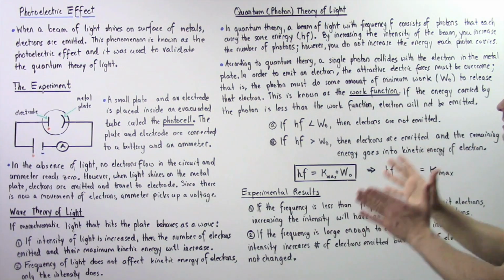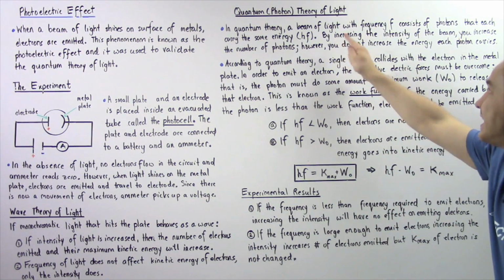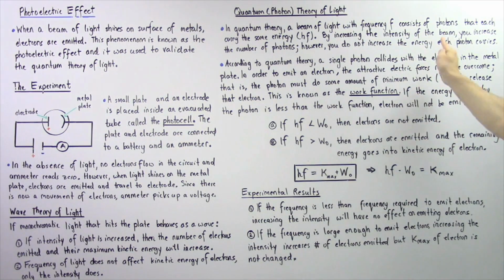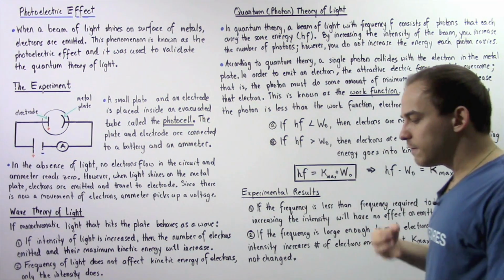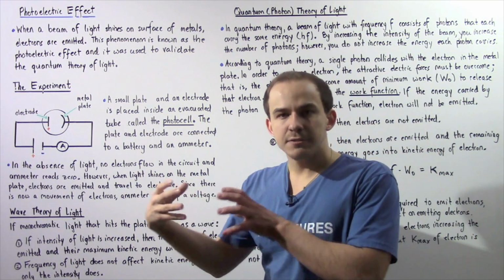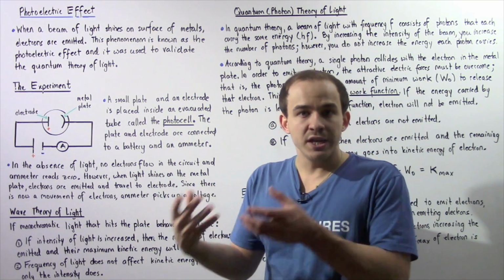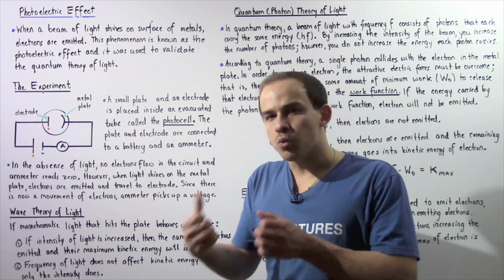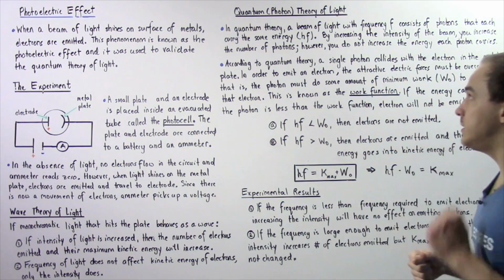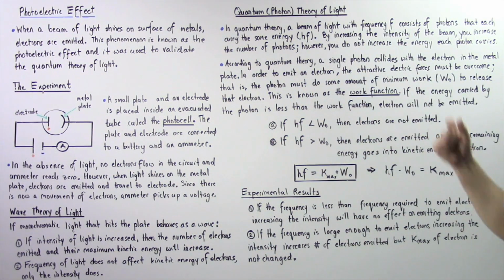Now, the quantum theory of light tells us that by increasing the intensity of the beam of light, you increase the number of photons that beam carries. For example, you increase from 10 photons to 20 photons. That's what we mean by increasing the intensity under the quantum theory of light.